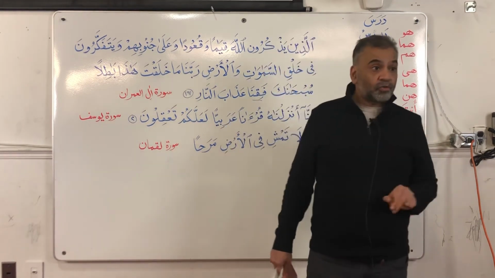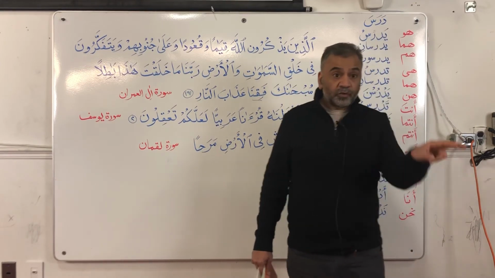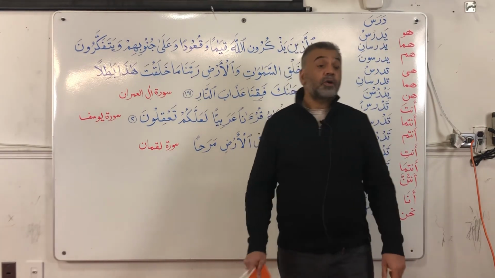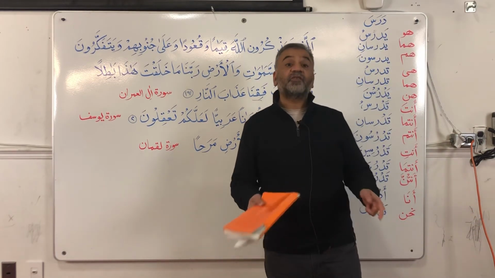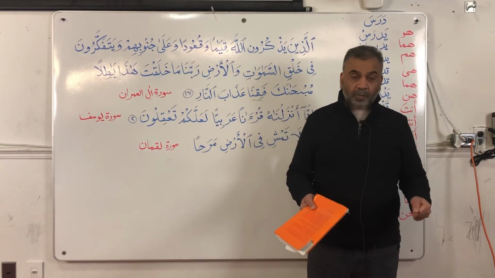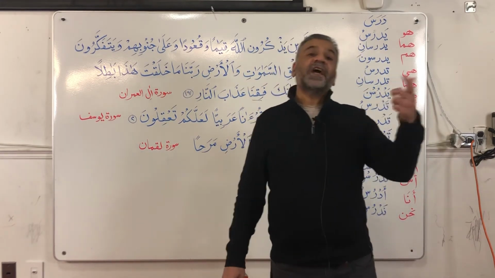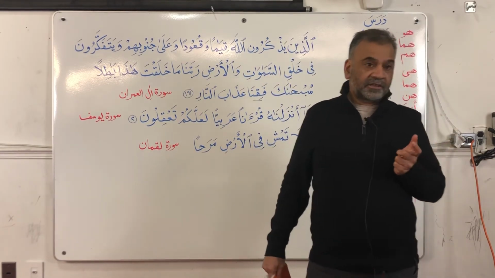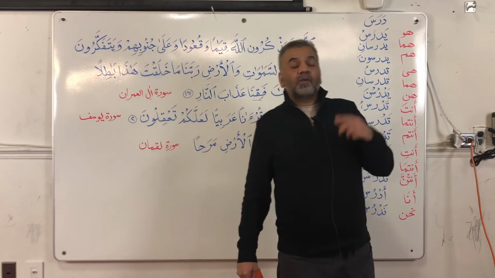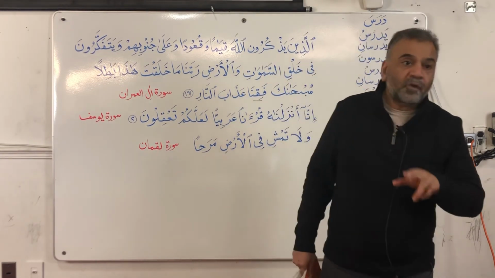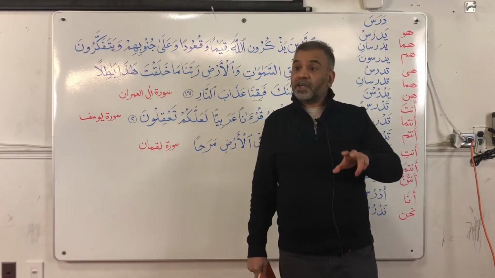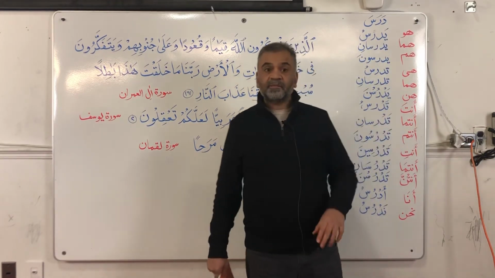Do you know? Atarifu, do you know? Know what? Transitive verb, right? So I need a mafulun bihi, object, al muhandisa, the engineer. Salmana. Now what is Salmana? It is the badal for al muhandisa. Do you know the engineer Salmana, his name?